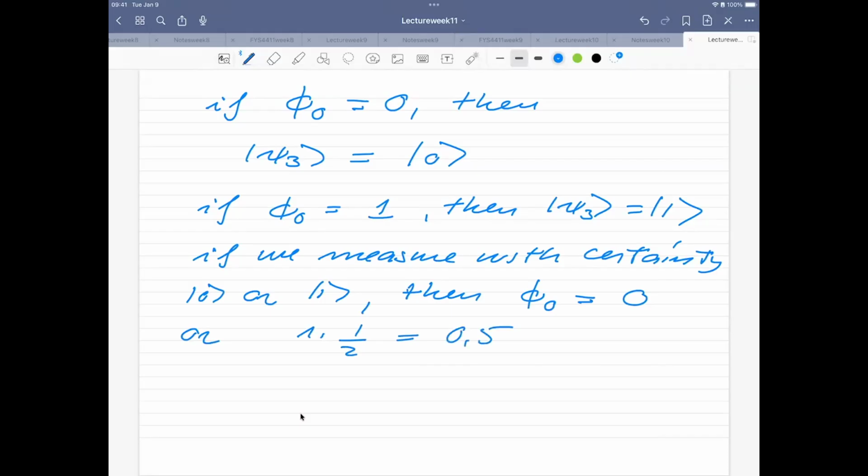And when we do that, we know then the value or the phase of the eigenvalue. We know the eigenvalue.